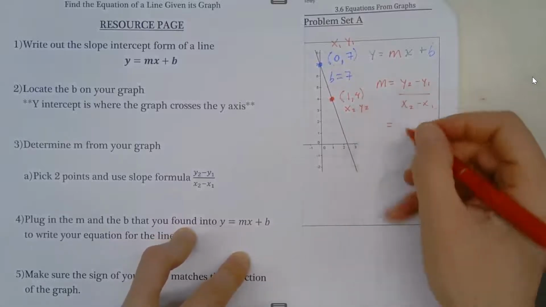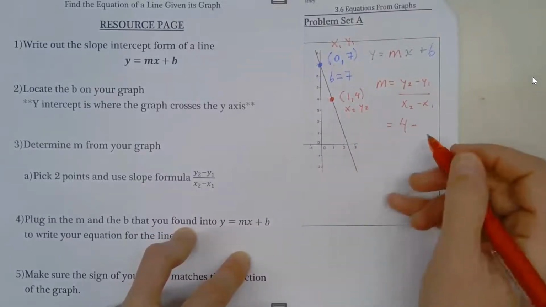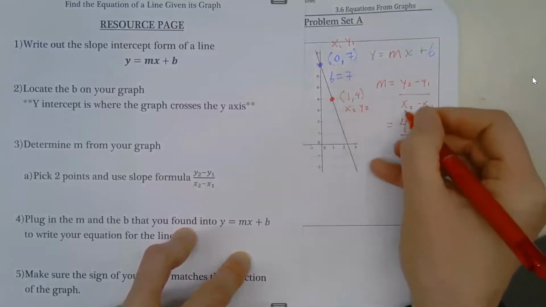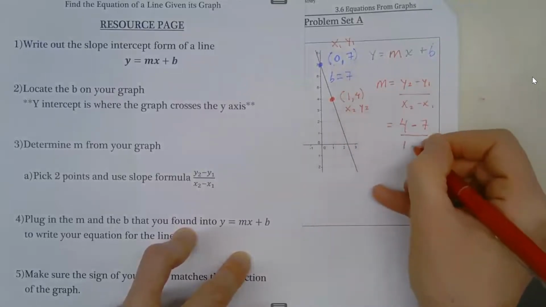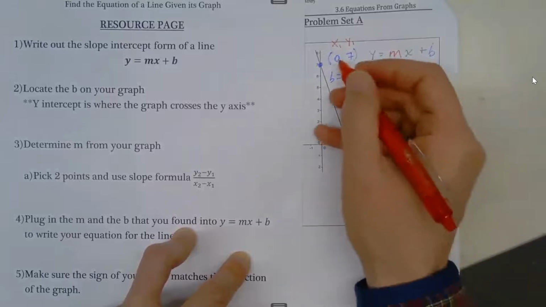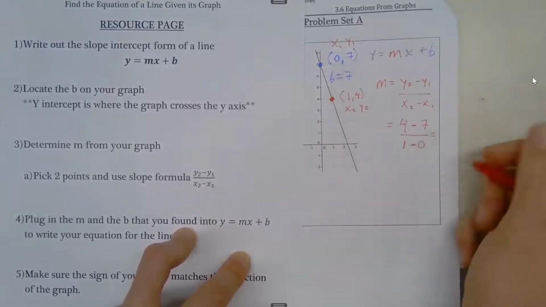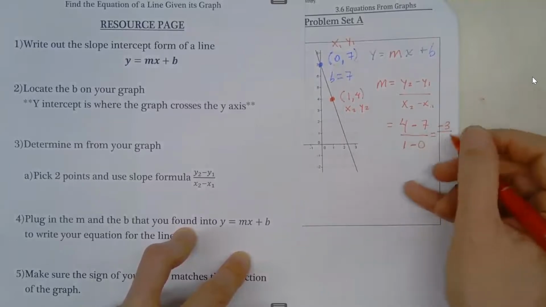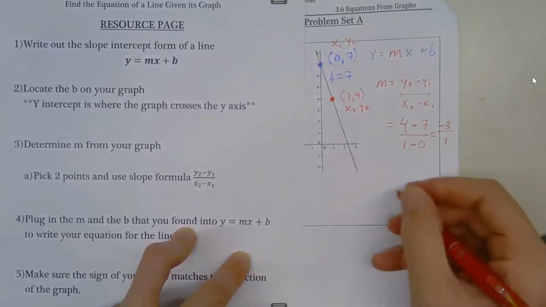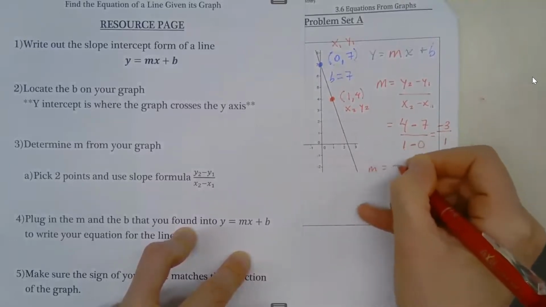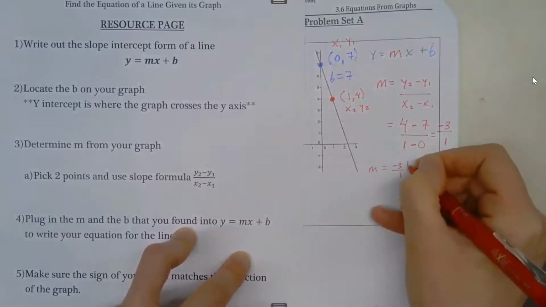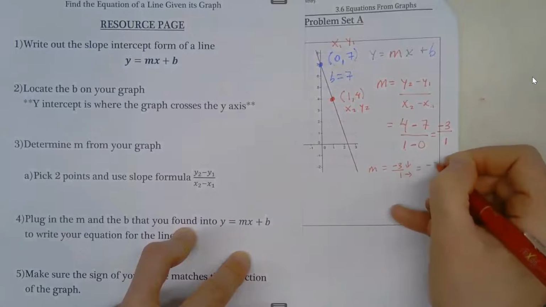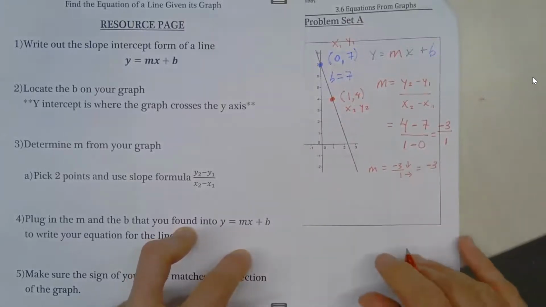My y2 is 4. My y1 is 7. My x2 is 1. My x1 is 0. 4 minus 7 is -3. 1 minus 0 is 1. So my slope equals -3 over 1. That's down 3 as I go right 1. This equals -3.